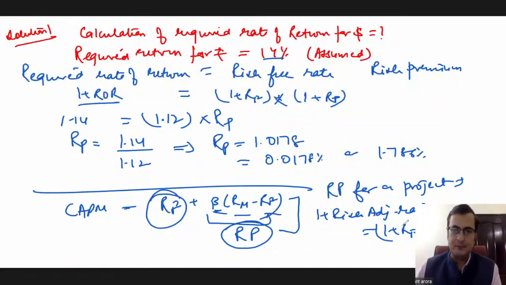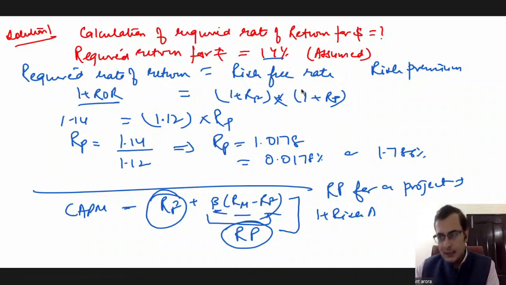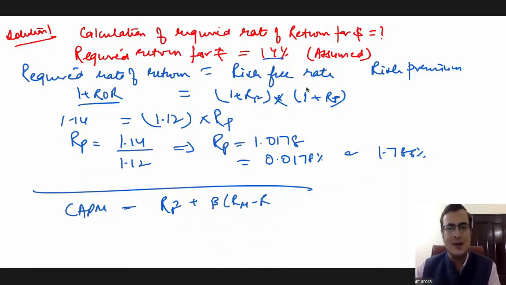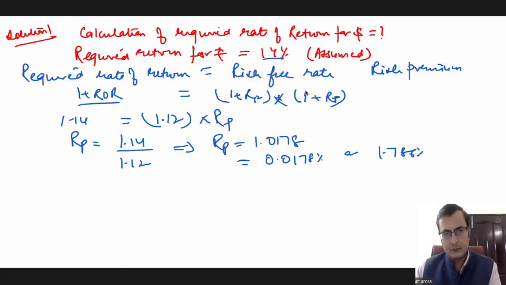I hope that's clear, Naveen. Please do let me know, otherwise I'll explain again. Now we will be calculating the risk-adjusted rate for the US dollars, because we are getting the inflows in US dollars. Clear?